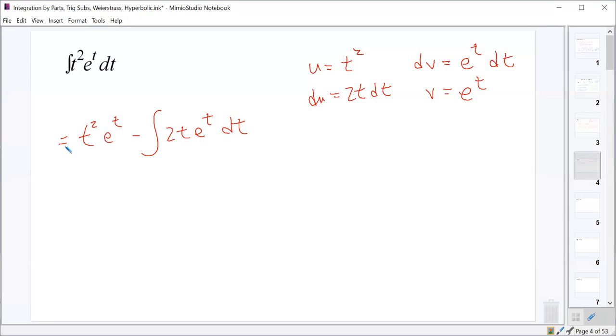Everybody okay with that so far? Okay. So now with 2t e to the t dt, there's still not a good simple u substitution to use there. So what are we going to have to do, you think? Another integration by parts, possibly. Another integration by parts.